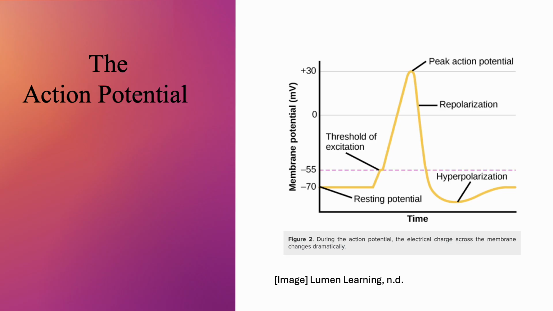This graph gives a nice summary. So if you remember, in the resting state, it's about -70 millivolts. So thinking about this, in the neurons, the potassium ions are maintained at a high concentration within the cell, while the sodium ions are maintained at a high concentration outside of the cells.